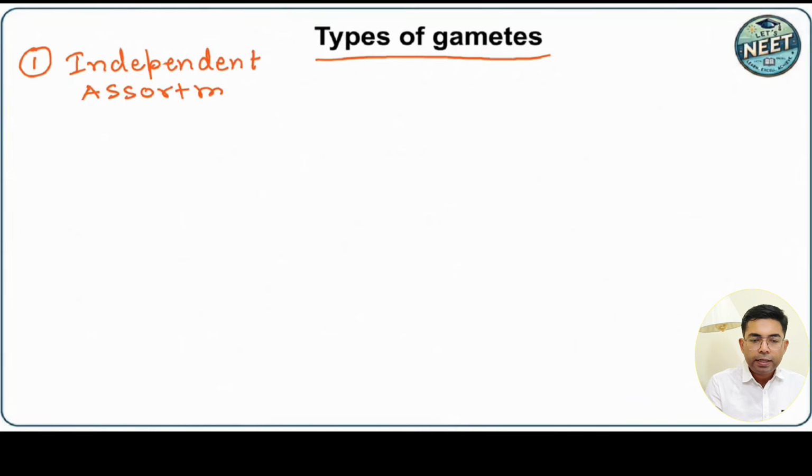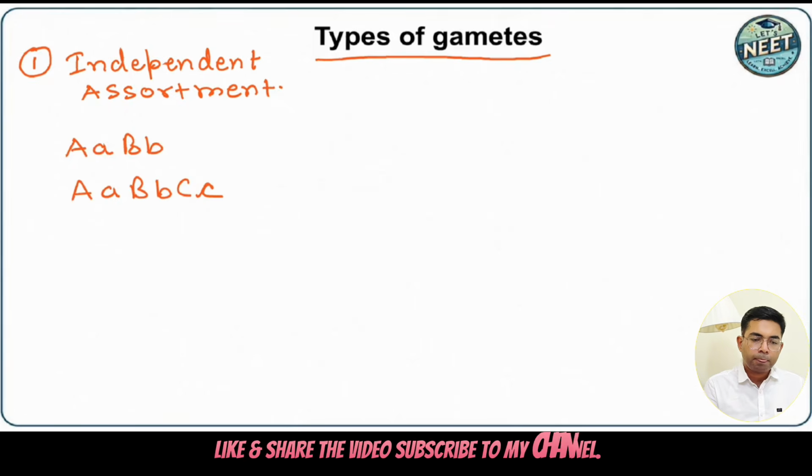Now, if there is independent assortment, they will give you several genotypes. For example, let's say capital A, this or this. So let's say this type of genotype they will give, and so on.